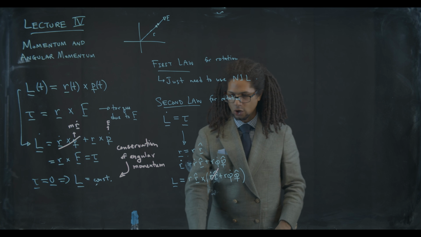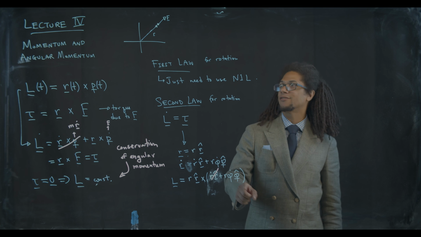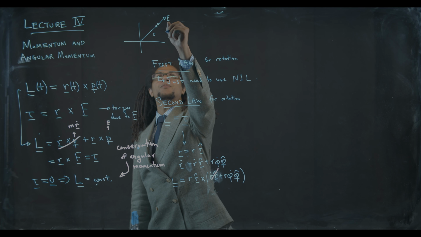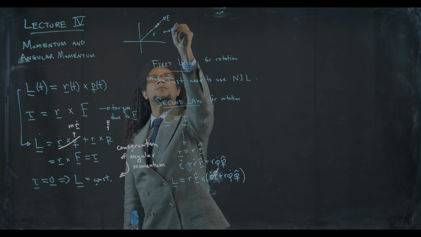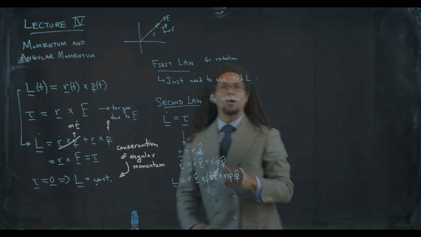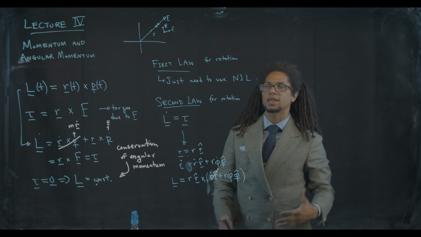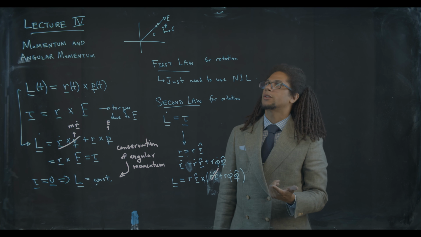For the second term, we need to think about what direction the r hat cross phi hat vector points. Let's do that up here. So here I'll draw a point. Here's its r hat vector, and here is its phi hat vector. Recall that these are both going to lie in the xy plane. They span the xy plane, and they are orthogonal to each other.